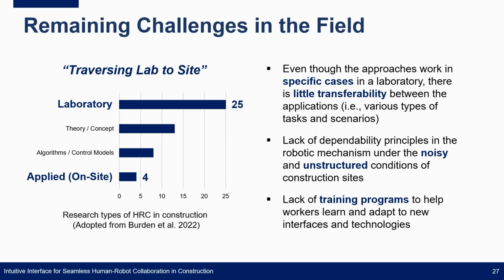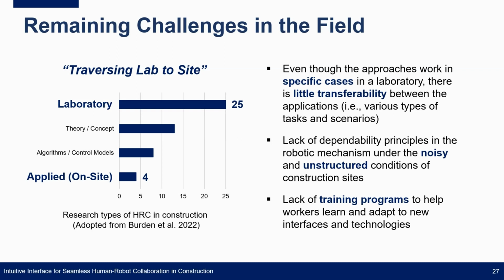transferring laboratory-tested prototypes to practical applications. Another major concern is the lack of dependability principles in the noisy and unstructured conditions of a construction site. This can greatly impact their operability and performance.